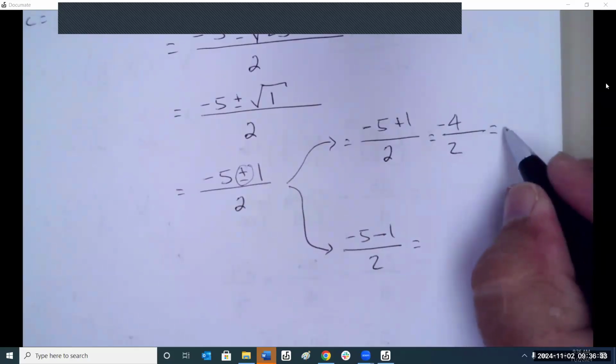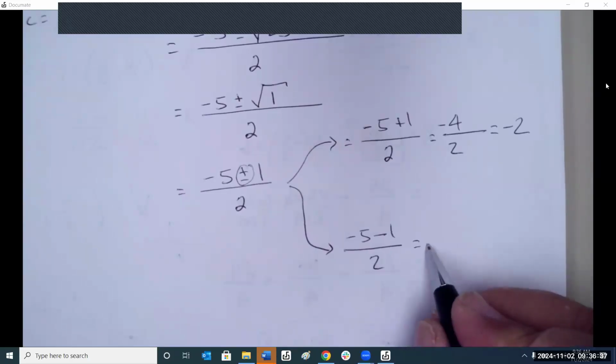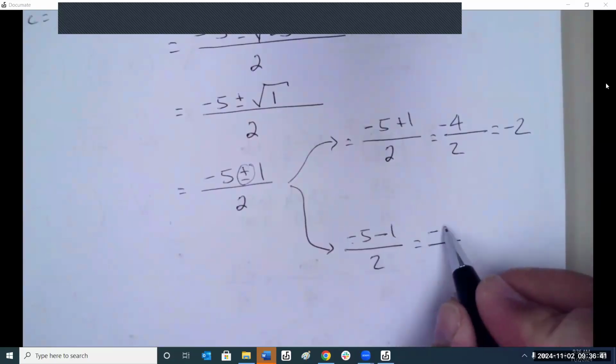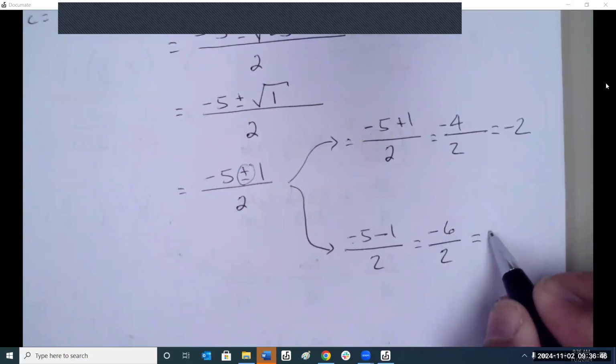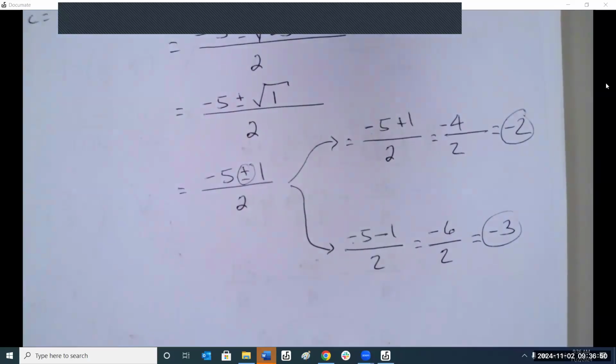Negative 4 divided by 2 is negative 2. Negative 5 minus 1 is negative 6 over 2. Negative 6 over 2 is negative 3. These are my x-intercepts.